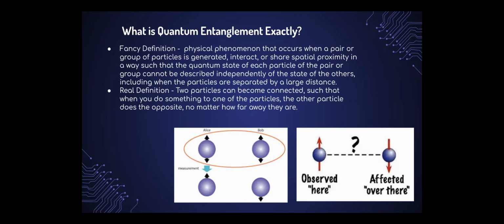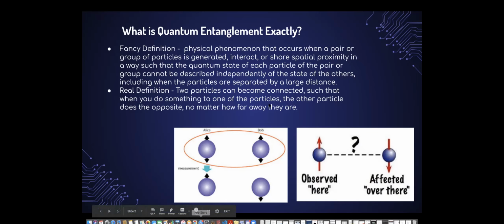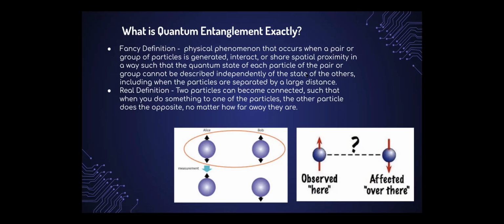And the second that you measure, in the picosecond or however small of time you would like to get, that you measure one of those particles and collapse it to figure out what its state is, the other particle will immediately collapse as well, and it'll be the opposite.